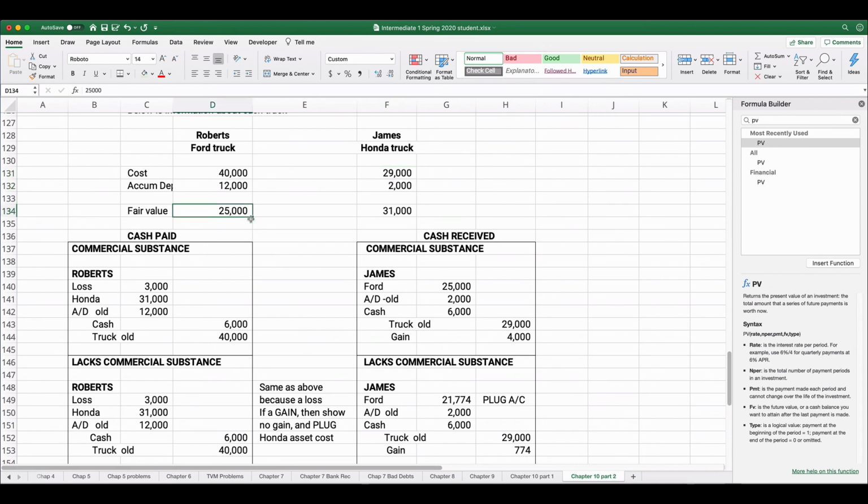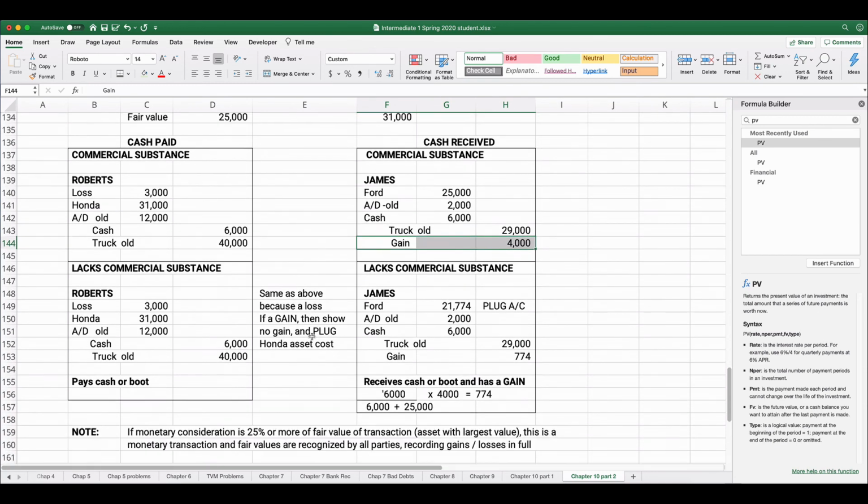They receive 25 plus cash of 4. They receive 29, and it's on their books at 27. They gave up 27 and received cash, so their gain is 4,000.